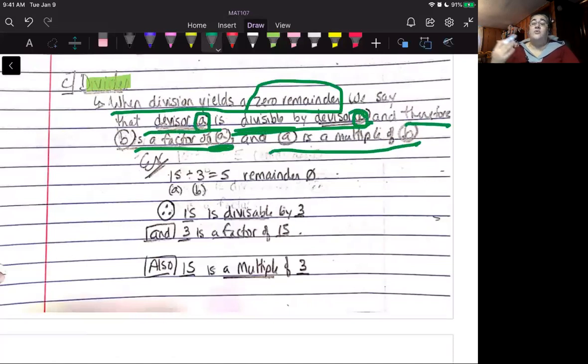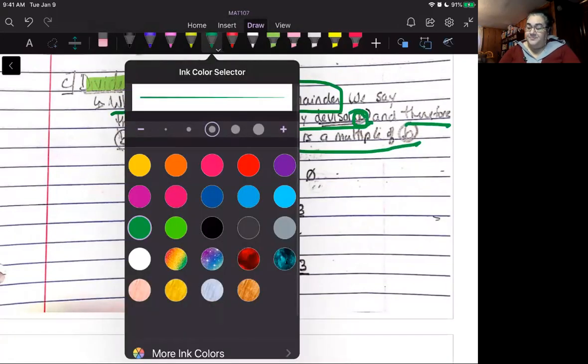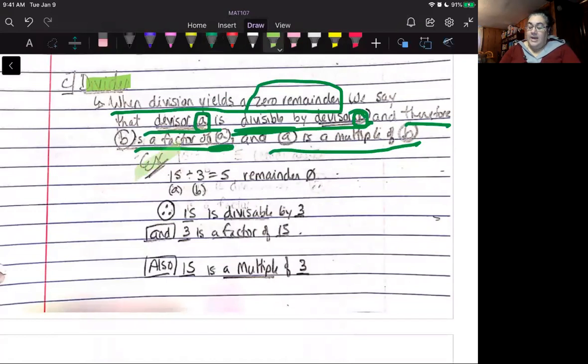This is sort of the way we describe it, but it's easier to understand when you actually look at it. So let's look at this example. If we have the number 15, that is the thing I'm dividing, A. And I divide it by 3. That is B, the thing that is doing the dividing.